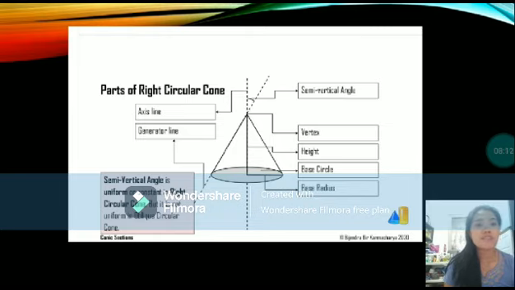You have the vertex, the topmost part. You have the height, the vertical one, from the center of the circle to the vertex. Then we have the base circle, and then the base radius. The semi-vertical angle is constant in a right circular cone, but it is not uniform in an oblique circular cone.